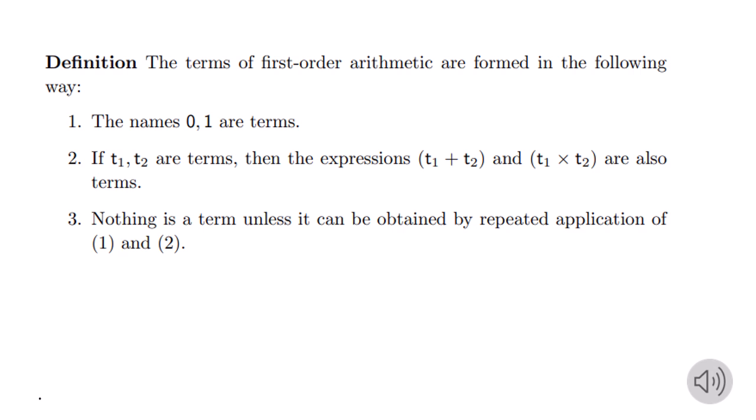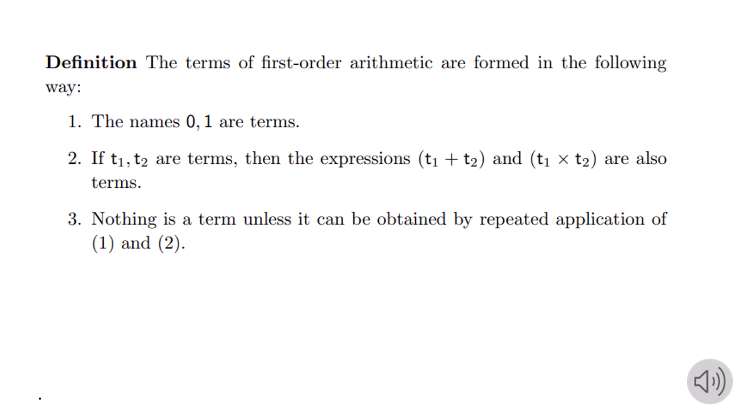And you do this in an iterative process, so you're getting more and more complicated terms as you apply rule number 2 over and over again. And it turns out that these are the only ways to form any of the terms, or the things that actually name objects in this first order language of arithmetic.